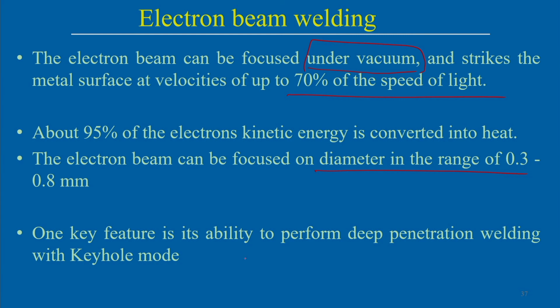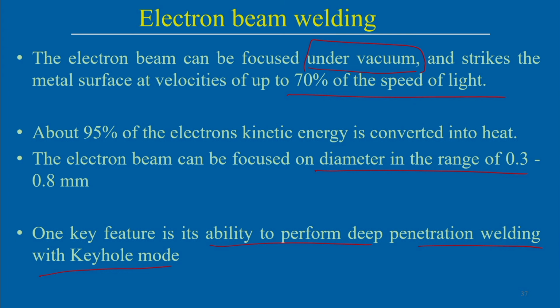One key feature is the ability to perform deep penetration welding in keyhole mode, which is the main advantage of the electron beam welding process. At the same time, since it is under vacuum, contamination from the atmospheric environment can be eliminated. So in that sense it is different from the laser welding process, because laser welding is performed under shielding gas or in normal open air, but electron beam welding is under vacuum.